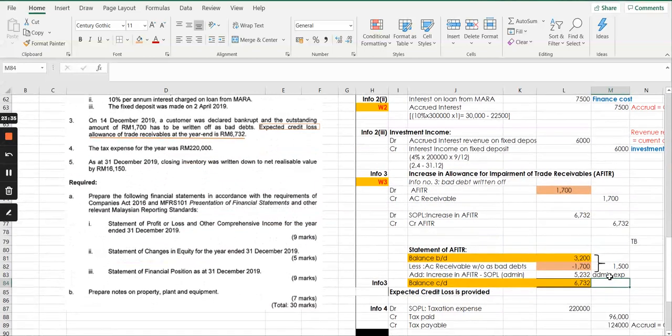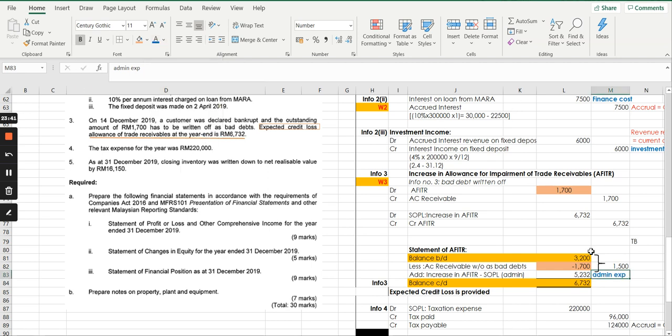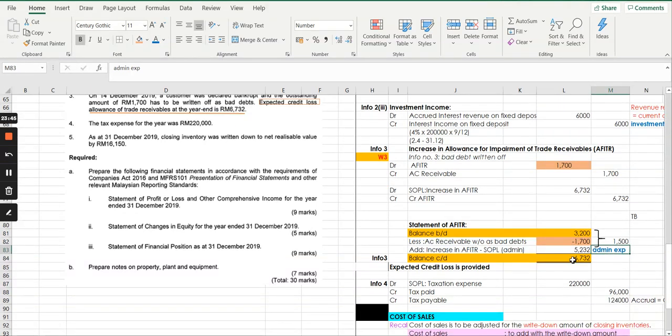Admin expense, that will be the item that you will show in your working section. This figure will also need to be deducted when you calculate your account receivable balance. We will be doing that later.